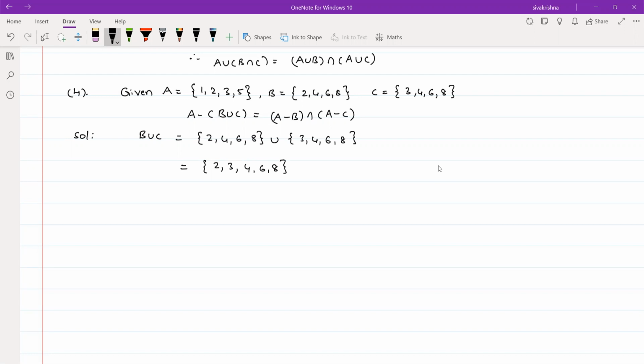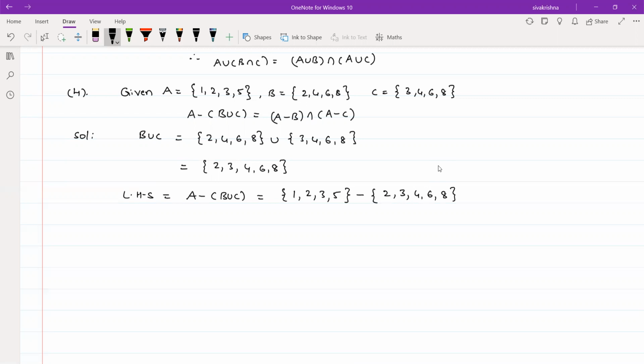Okay, right, now we have to write the LHS value. So LHS is nothing but A minus of B union C. So this is equal to, first we have to write the set A: 1 comma 2 comma 3 comma 5. This is the set A minus the set B union C, that is 2 comma 3 comma 4 comma 6 comma 8.